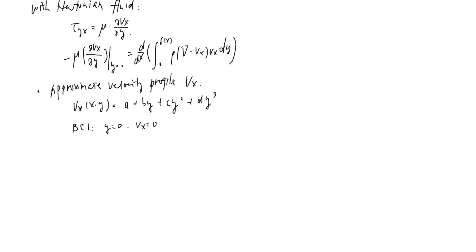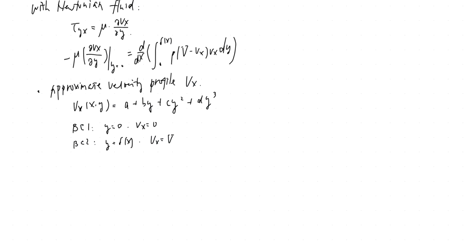And since it's a polynomial in y, all of our boundary conditions should be expressed in terms of y equal to something. So this is BC1, and BC2 is y equal to delta x. Right on the boundary, we know that Vx equals capital V.